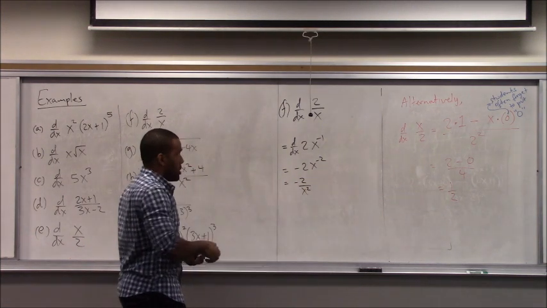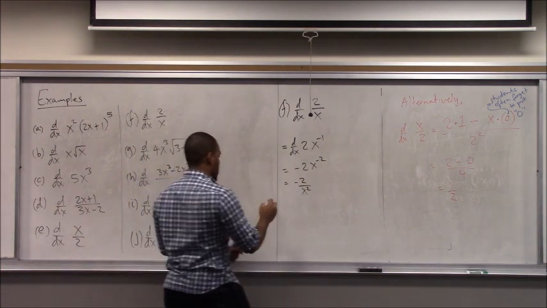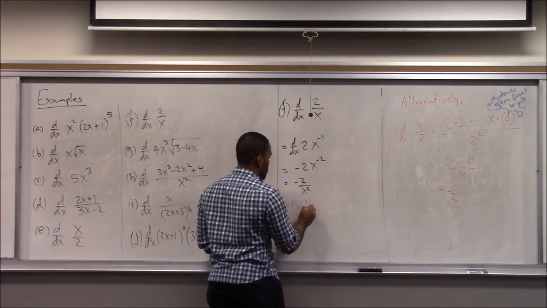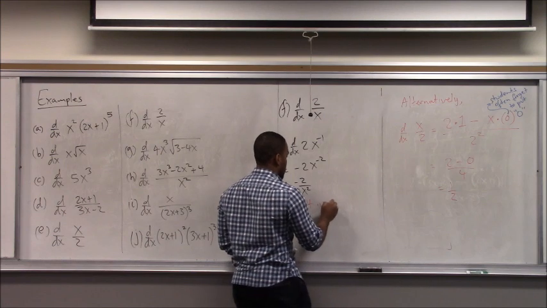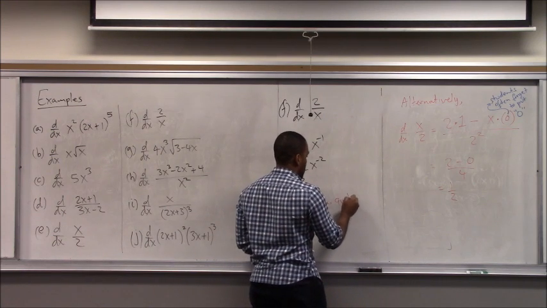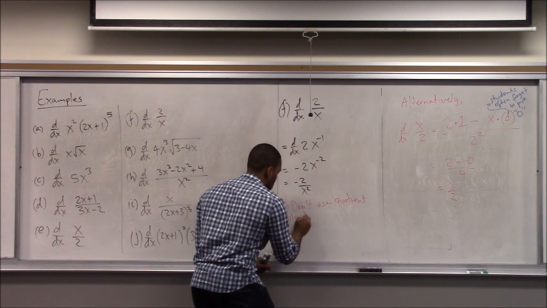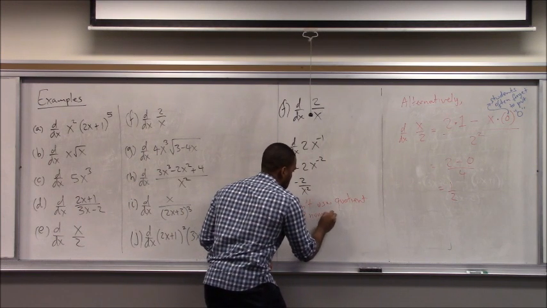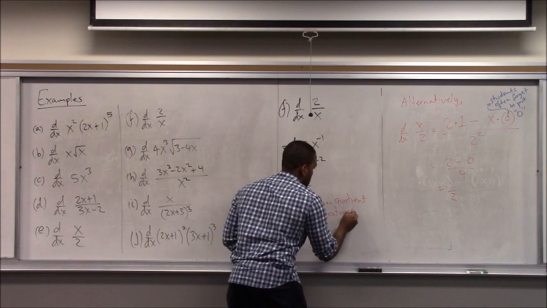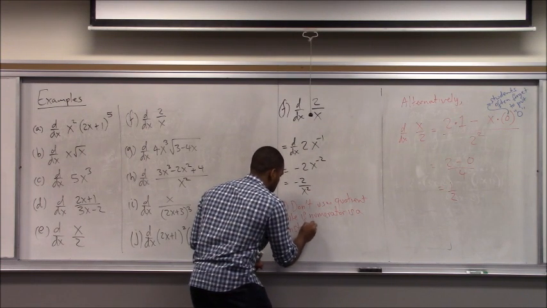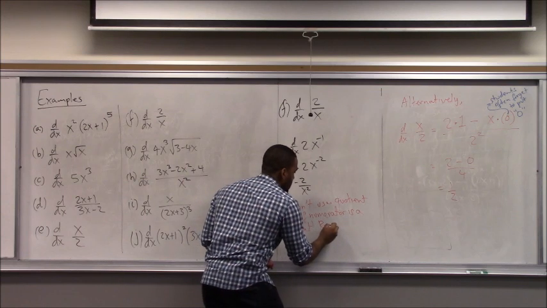But this brings us to a third warning. Don't use quotient rule if the numerator is a constant. In this case, you can't just ignore the numerator.